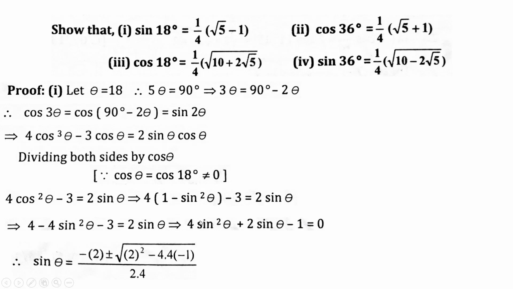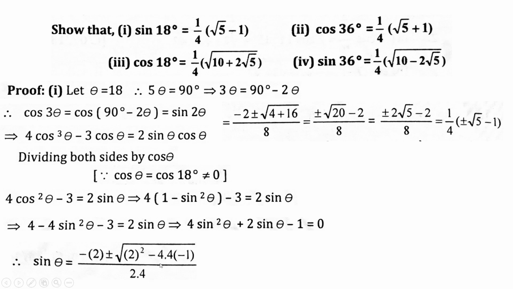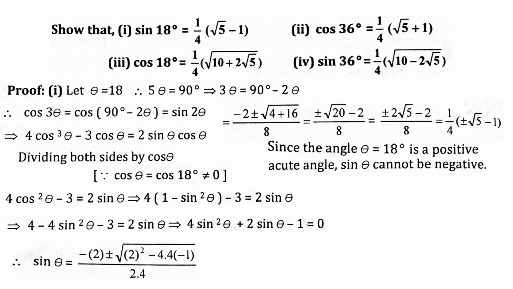Therefore from this equation sin theta equal to minus 2 plus minus root over 2 square minus 4 into 4 into minus 1 by 2 into 4. By calculating we get this one. Since the angle theta equal to 18 degree is a positive acute angle, sin theta cannot be negative. Therefore sin 18 degree equal to 1 by 4 root 5 minus 1.